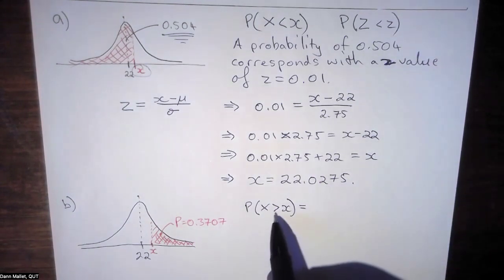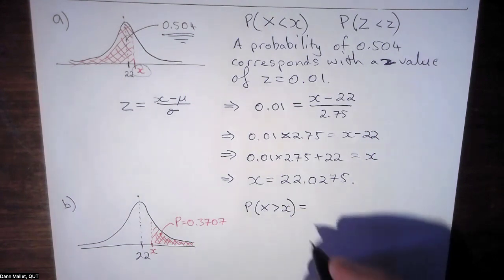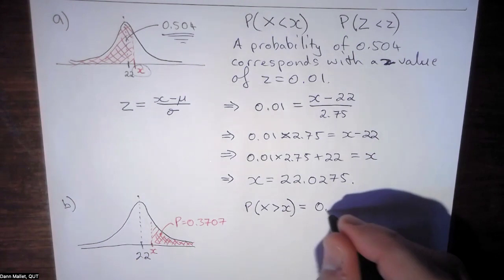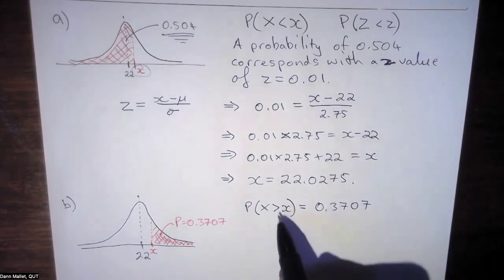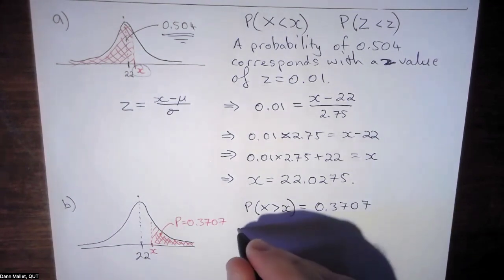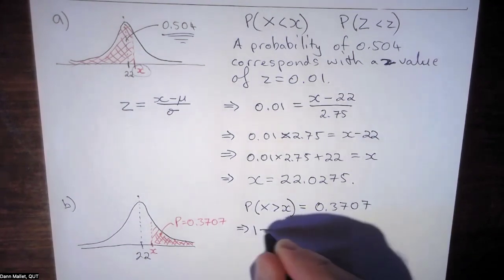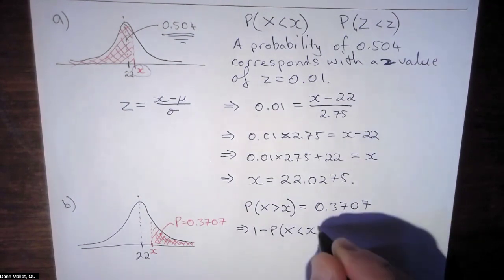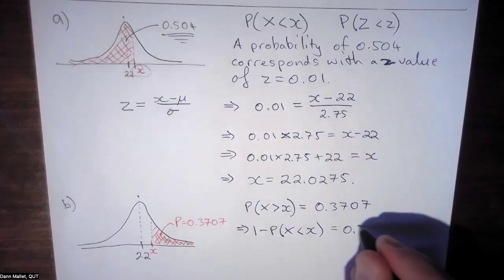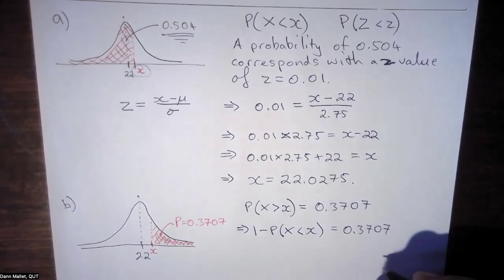We can start by noting that we're looking at the probability of x greater than little x, and that's going to be equal to 0.3707, but our tables deal in x being less than certain numbers. So I'm going to turn this around to 1 minus the probability that x is less than lowercase x is equal to 0.3707.